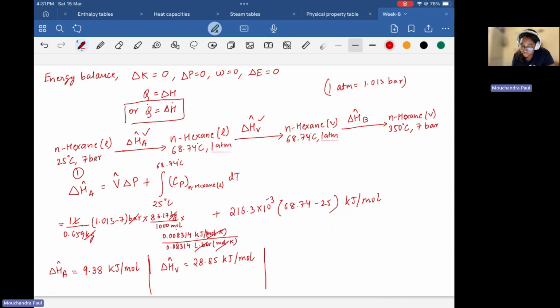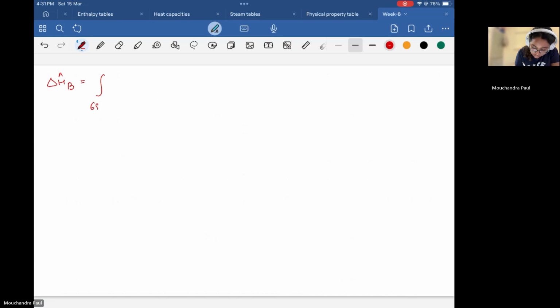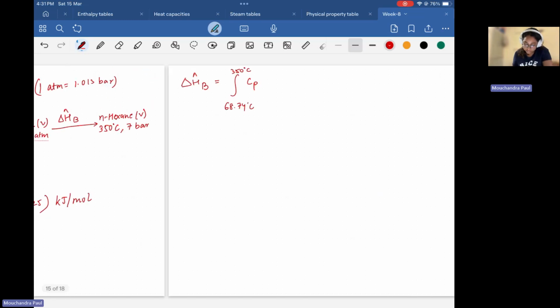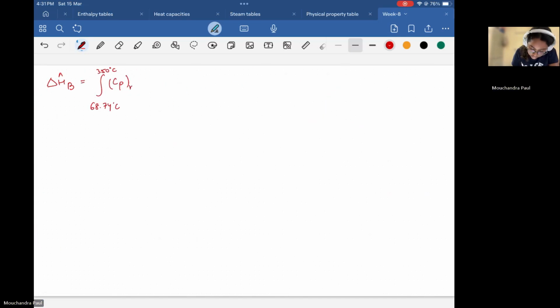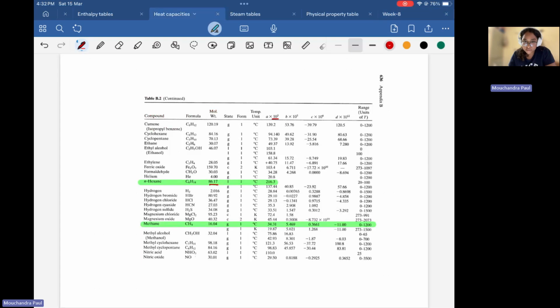the change in temperature from 68.74 to 50 degrees Celsius. And here Cp will be for N-hexane in the vapor phase, so if you again go to the heat capacity table, for the vapor phase or gas phase, the Cp is this.